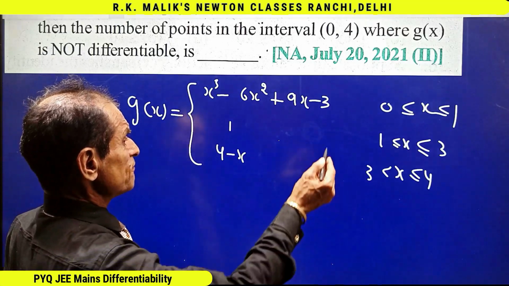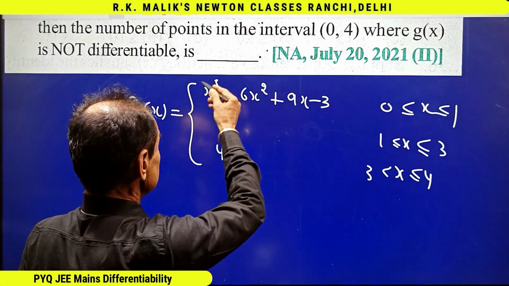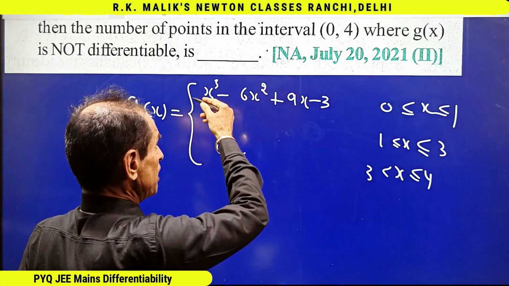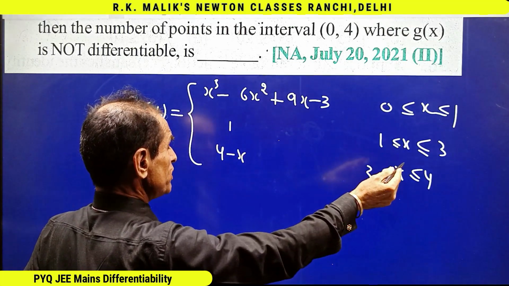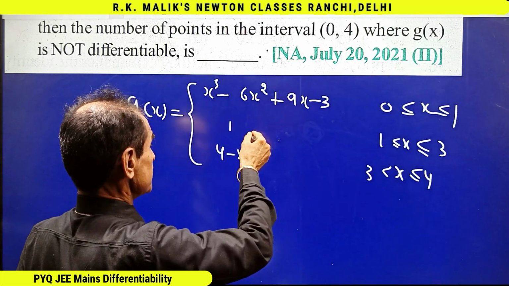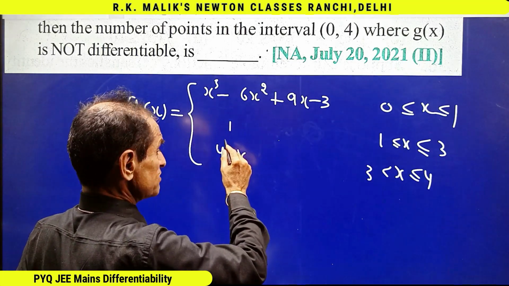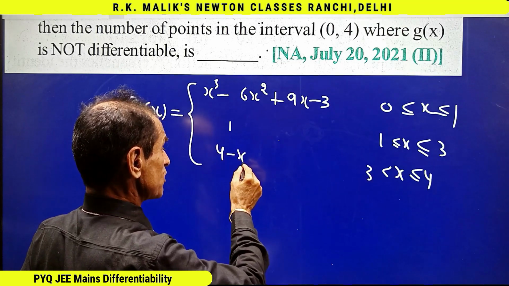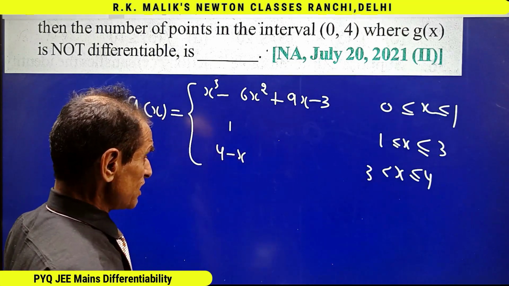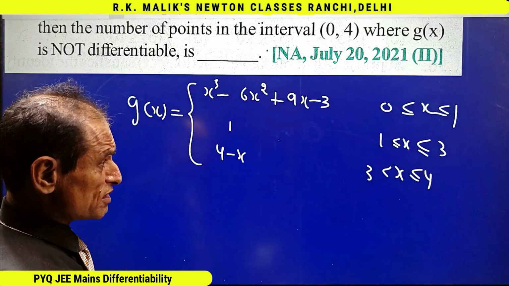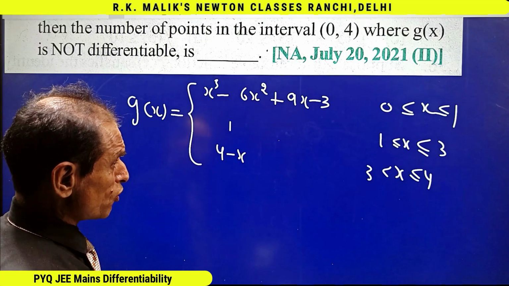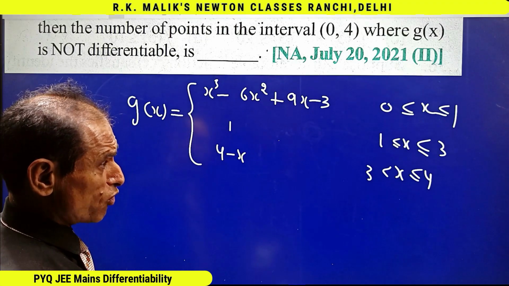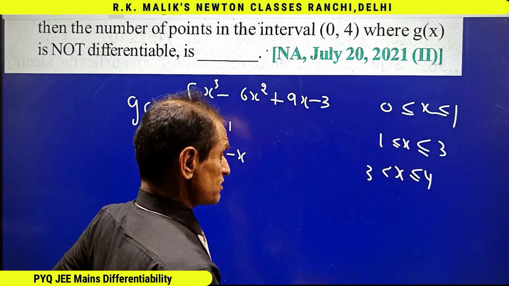It is clear that between 0 and 1, it is a polynomial, hence always differentiable. Between 1 and 3, g(x) is a constant function, hence differentiable. Between 3 and 4, again it is a polynomial, hence differentiable. This means the chances of non-differentiability are only at 1 and 3.